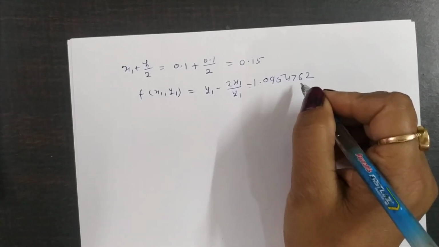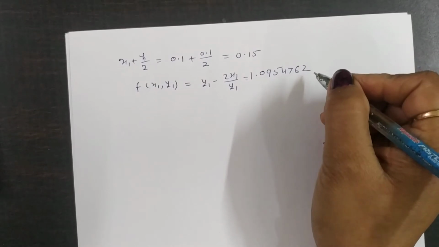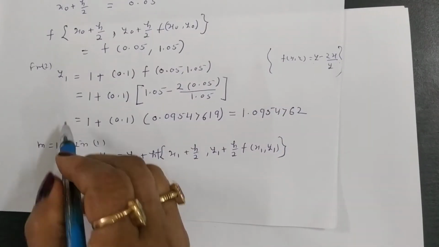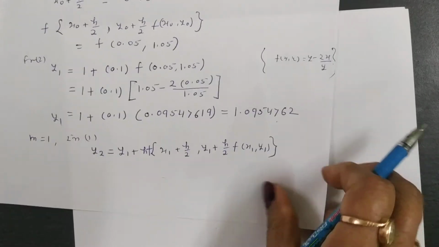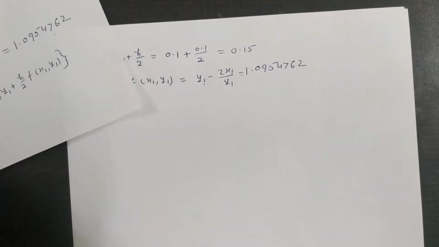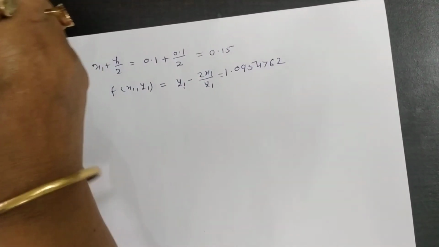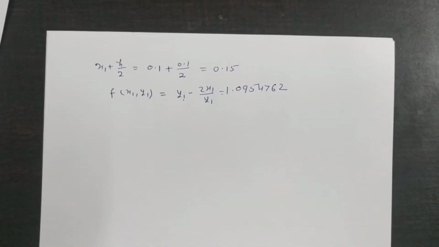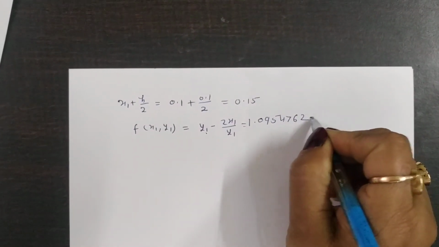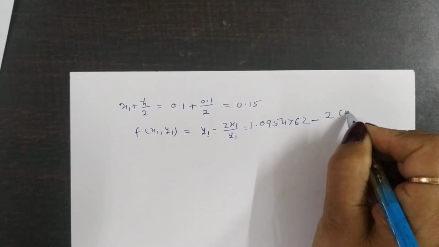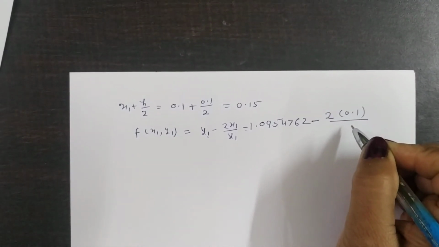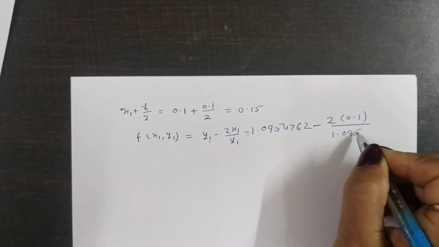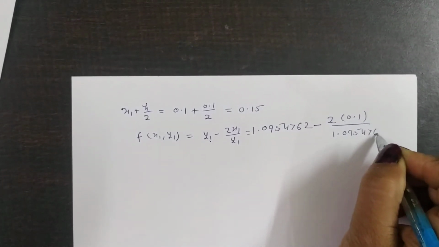Here y1 is this one. So f of x1 y1 is y1 minus 2 times x1, where x1 is 0.1, divided by y1, which is 1.0954762.